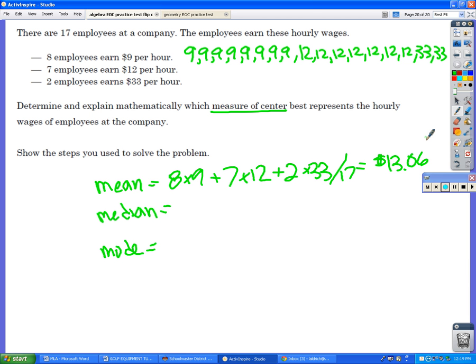Okay, 7 12s. So the middle number, if I cross off 1, 2, 3, 4, 5, 1, 2, 3, 4, 5, 1, 2, 1, 2, 1, and 1, the median is $12. Okay? And then the mode is the number that comes up the most.